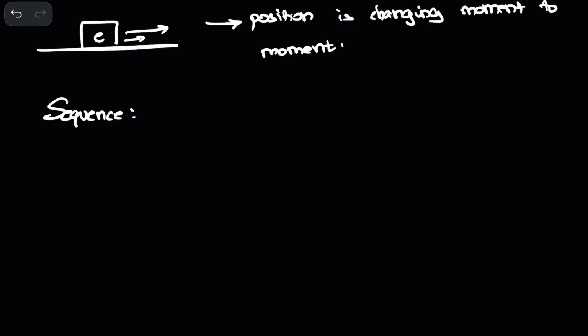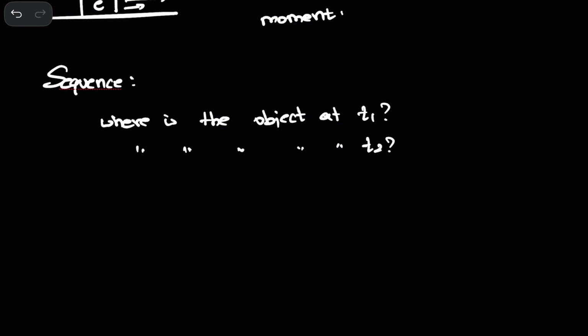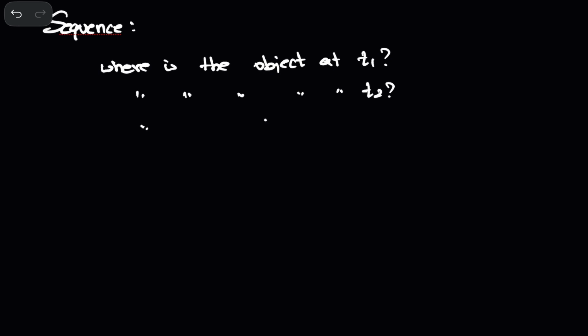What do we mean by that? You ask, where is the object at T1? Where is the object at T2? Where is the object at T3?